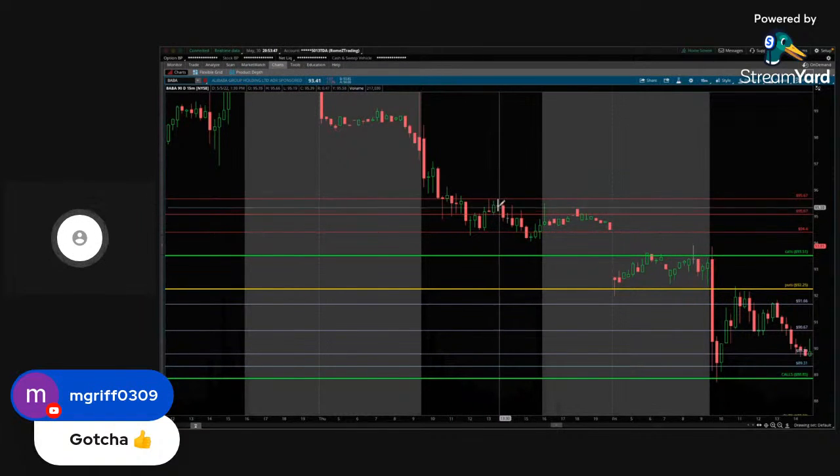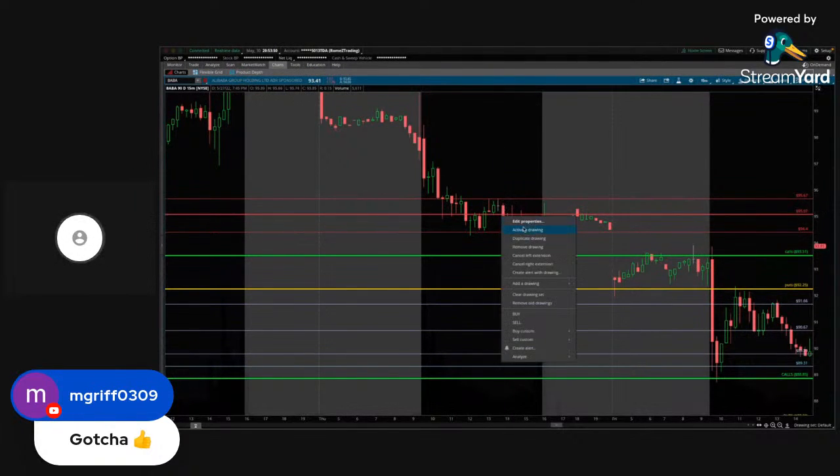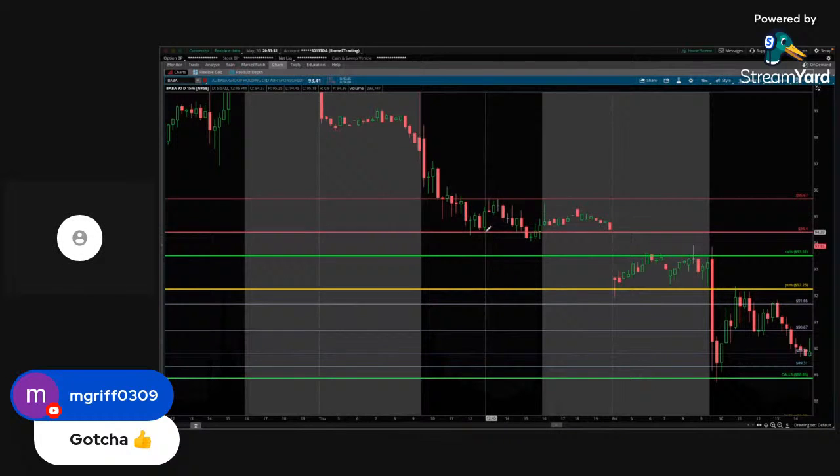If I want to give myself a little bit more breathing space, I would probably take this one out, to give myself a more fluid play. Because I don't want to be stuck within 50 cents to 75 cents. I want to give myself a little extra space to make some extra profit. The following one probably would be at this base level right here, which would be 96.50. So that's already a dollar from here.